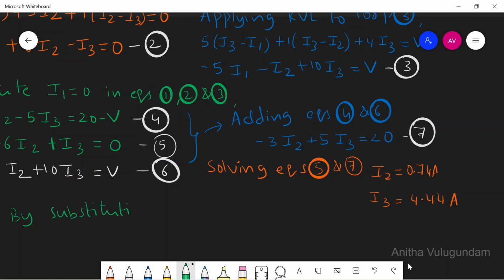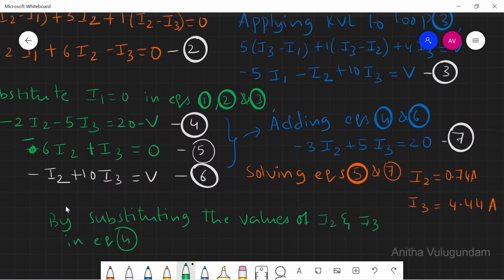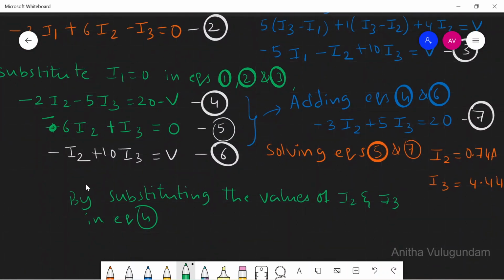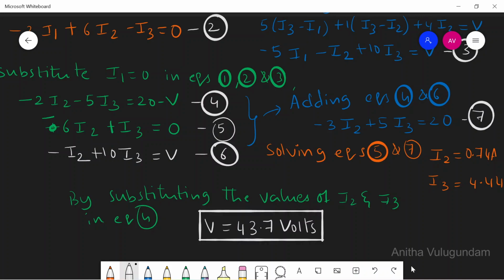By substituting the values of I2 and I3 in equation 4, you can see equation 4 here. If you substitute the values of I2 and I3 in equation 4, you'll get the value of V. We'll get V equal to 43.7 volts. This is the answer.